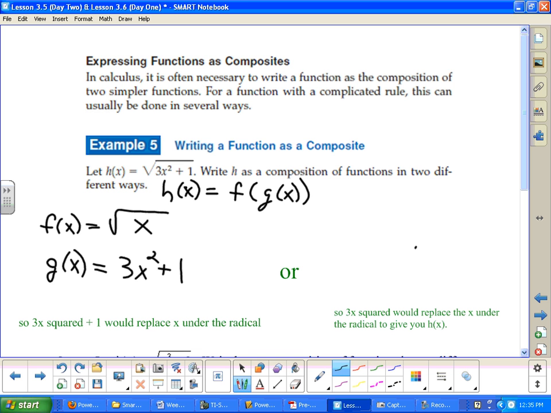Okay, so let's think of a different way to do it. What else could I do? I kind of put something green here, but we'll cover it. We'll get rid of that. You can see it now.